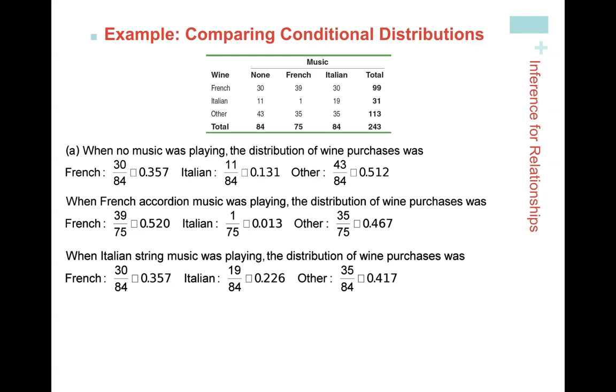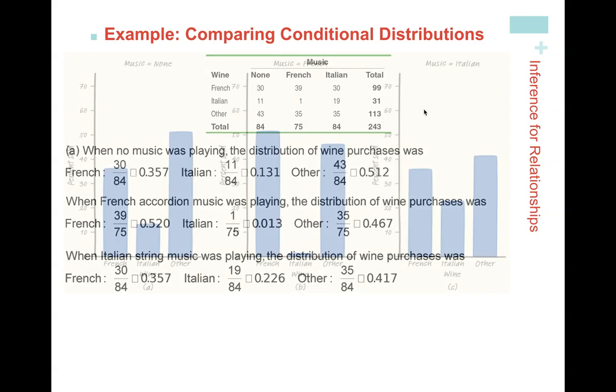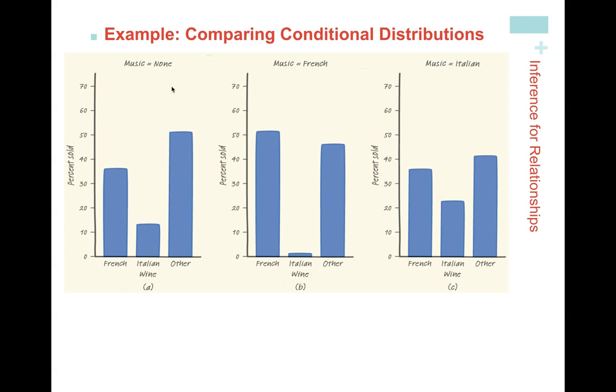Now let's graph these and visually take a look at them, and you'll see it'll be very striking when you graph it. Boom, what do you see? Here's the conditional distribution when there's no music being played. Here's the percentage of French wine being sold, about 35.7%, Italian wine being sold, and then other wines being sold, a little over 50%.